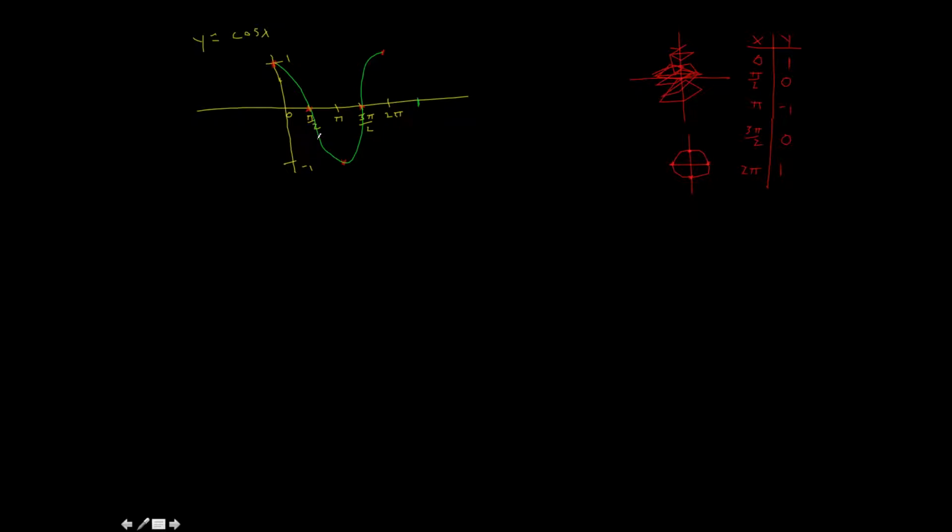Well, pi over 2, 3 pi over 2, 5 pi over 2. Then you have 3 pi. So the next x-intercept is going to be at 7 pi over 2. And then here's 4 pi. So here's the next period in our graph. Okay? So we could extend this, and it continues.